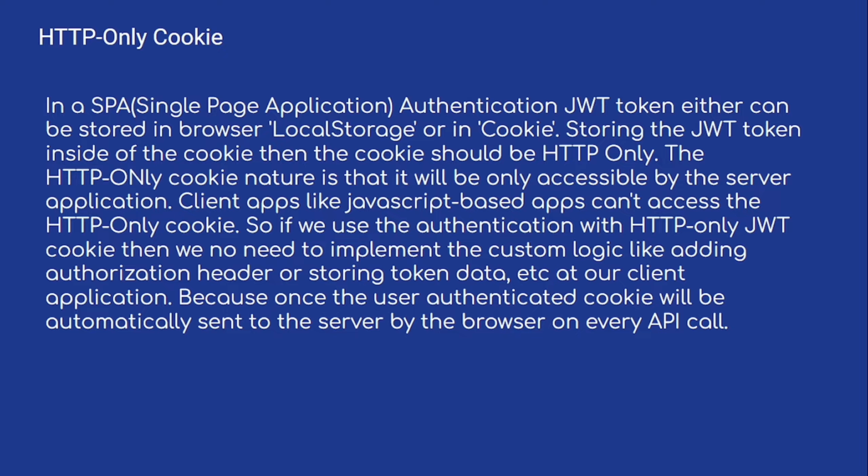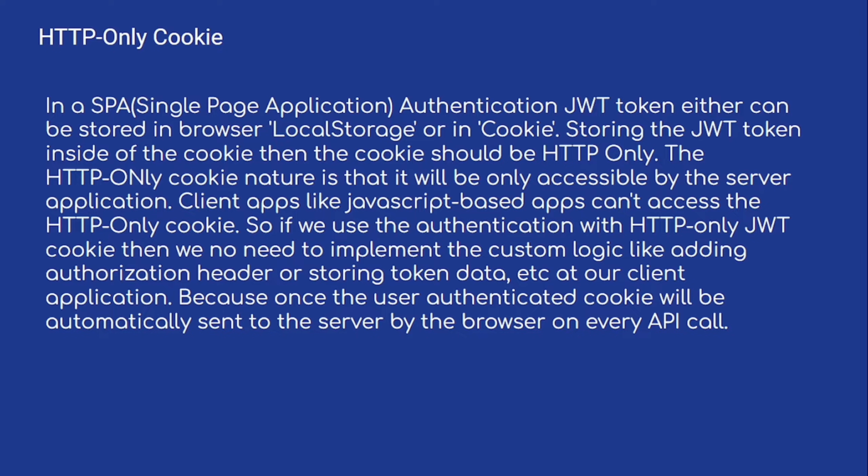That headache we no need to do when we use cookie based authentication, because once the user is authenticated, the cookie will be automatically sent to the server. So the server will analyze whether the request is an authenticated request or a non-authenticated request. So that's about the HTTP only cookie.